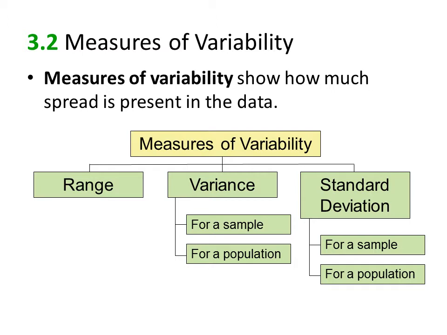In the first half of this chapter, we talked about the two distinct branches of descriptive statistics: measures of central tendency, which find out where the middle of the data is, and measures of variability, which show how much spread, variance, or variability there is in the data set.